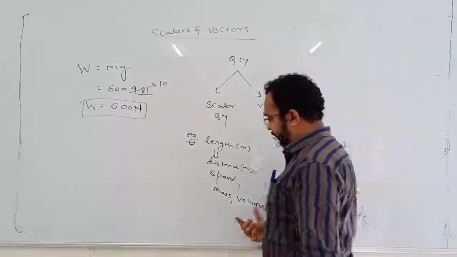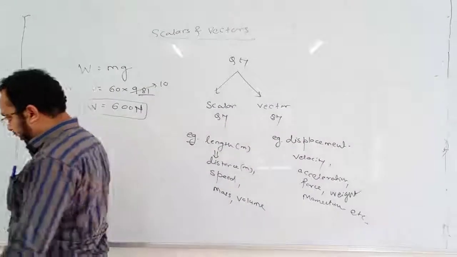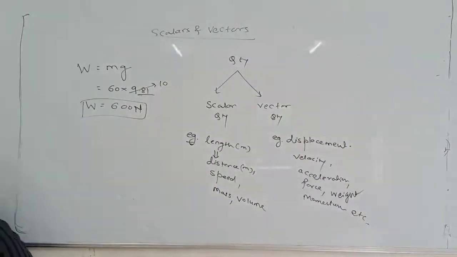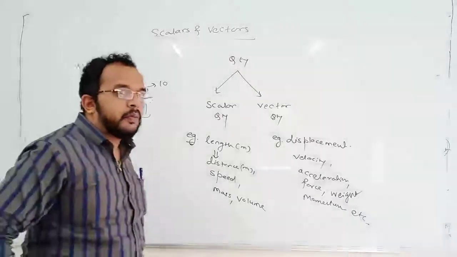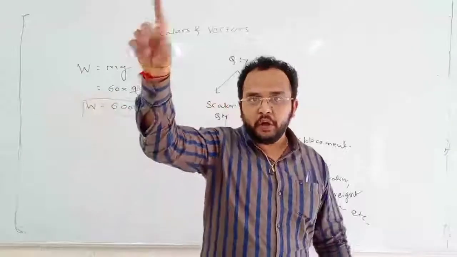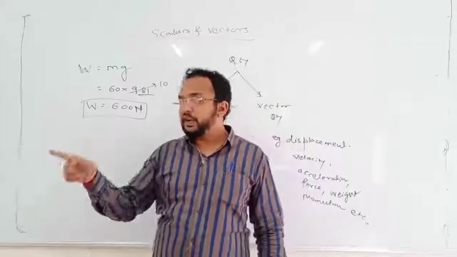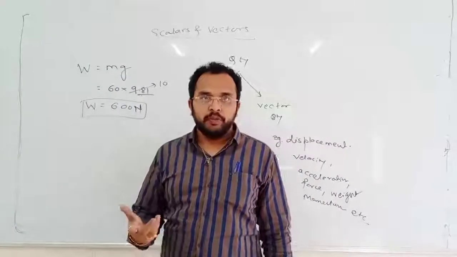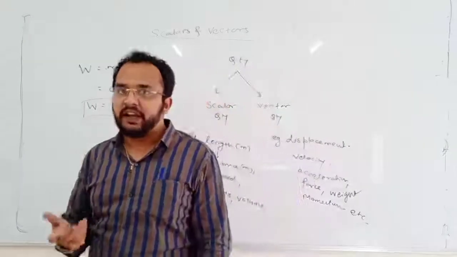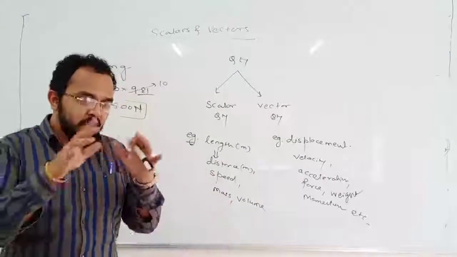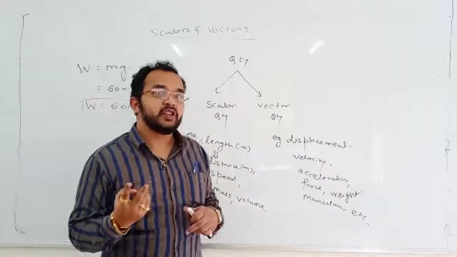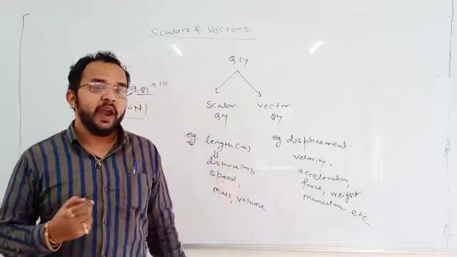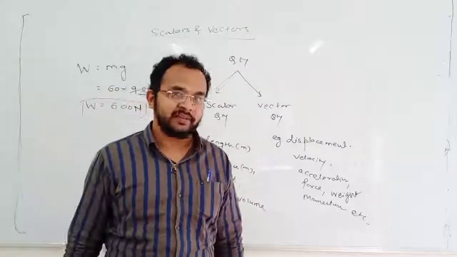Volume. What is the unit of volume? Liters or meter cube. Volume is length into breadth into height. So you can't say this water or this oil or this petrol is 2 liters towards Mumbai and 1 liter towards Chennai.